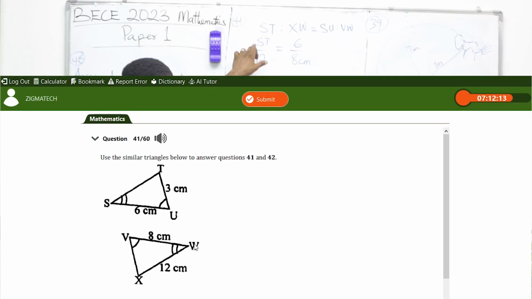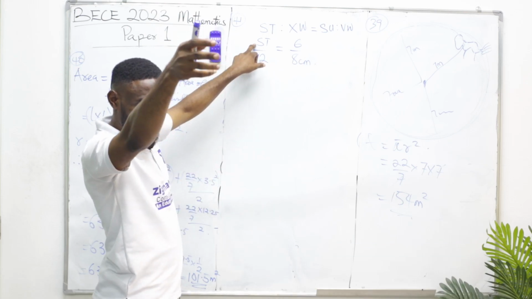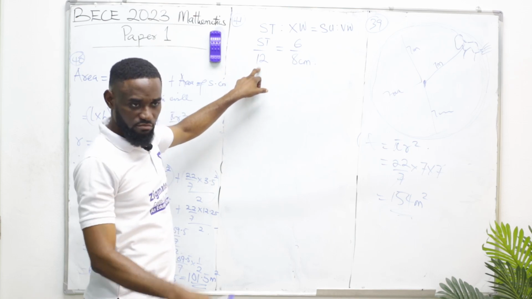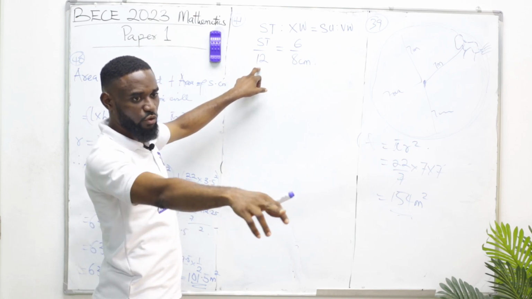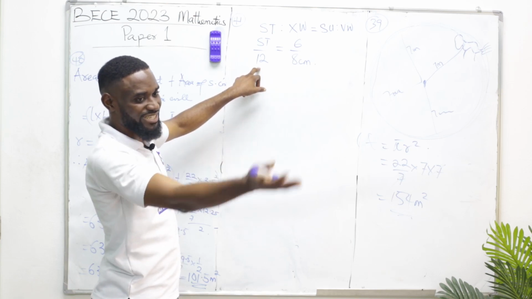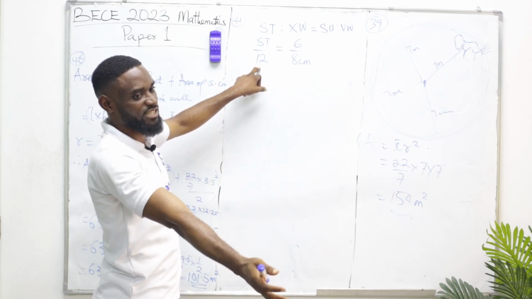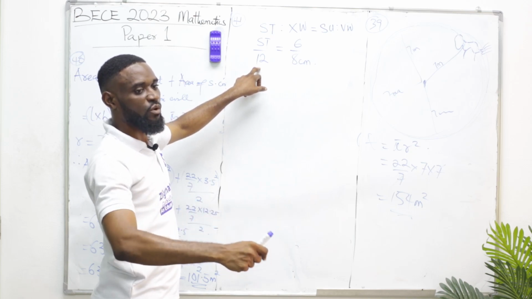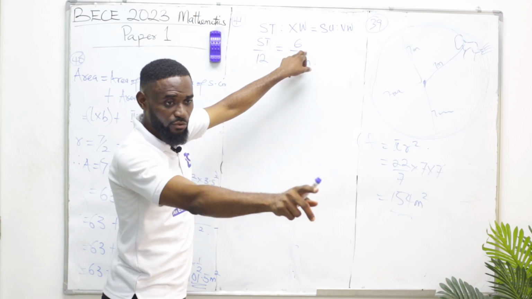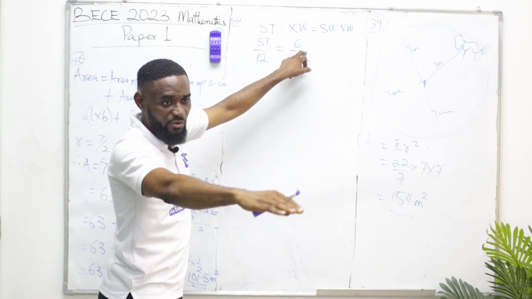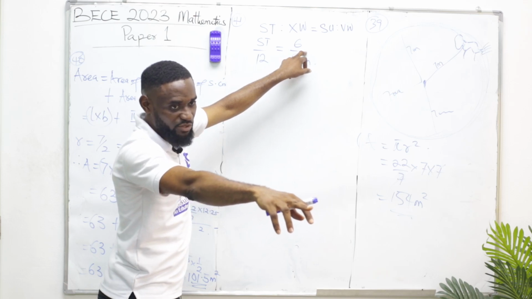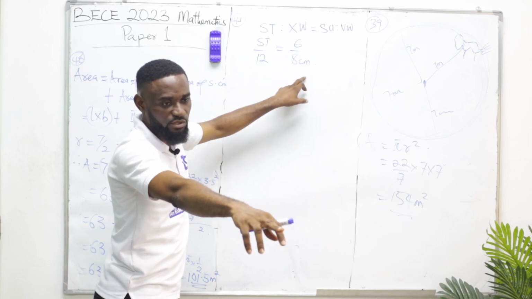So we have ST, which is for the first triangle, which is what we're looking for, in proportion to XW because of the side where they are found. I explained that just before we started, okay? While SU in the first triangle, which is 6 cm, is in the side where you have the double arc and single arc. You have it in the same place where you have VW, which is 8 cm.